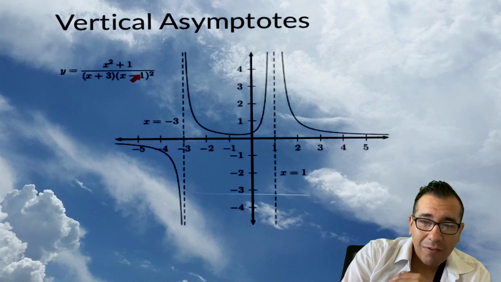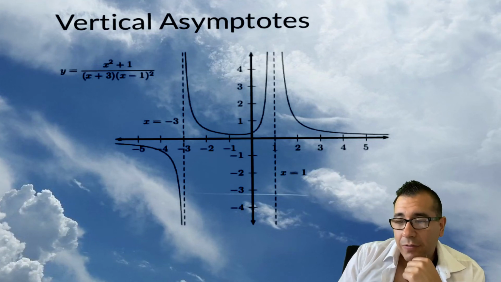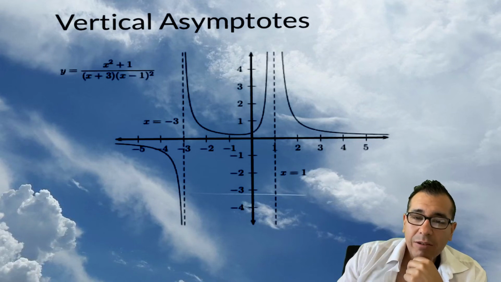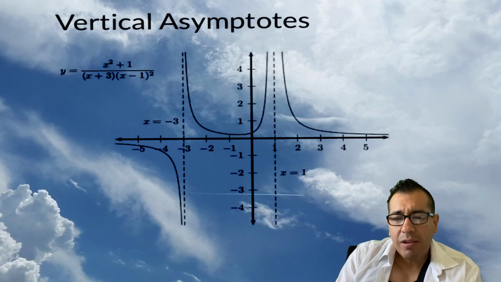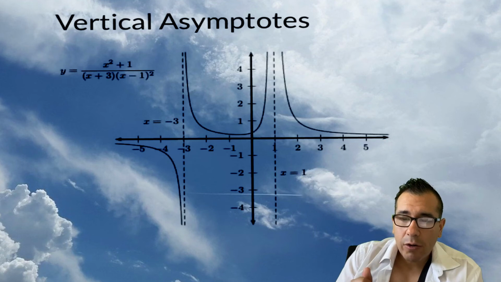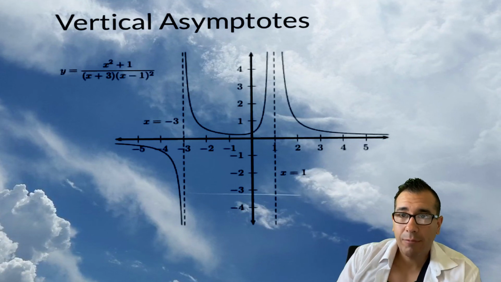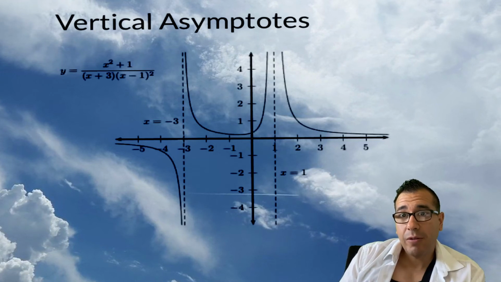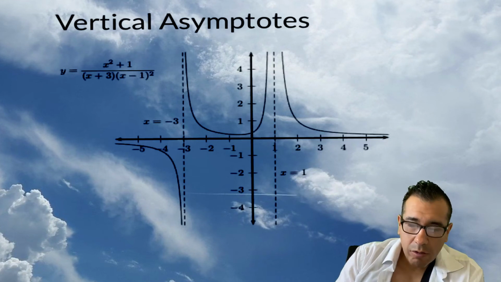Another function we'll talk about later is logarithmic functions. Let's focus right now on these rational functions. How do I know where the vertical asymptotes are, if there are any? Just because it's rational doesn't mean that there's actually going to be vertical asymptotes. But if it does have some, how do I know where they're located?